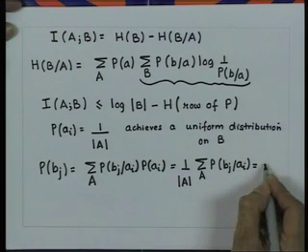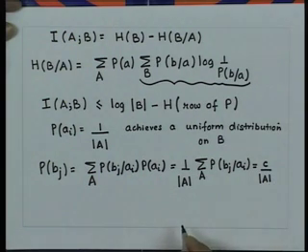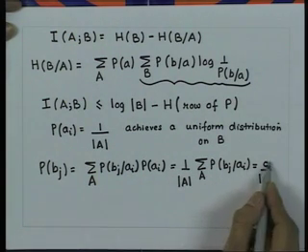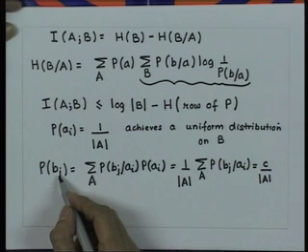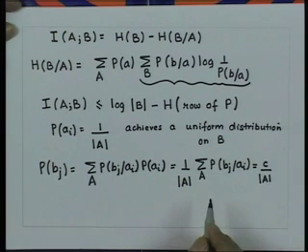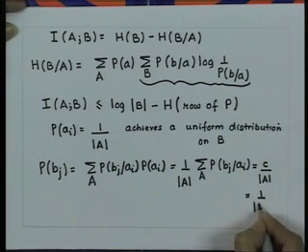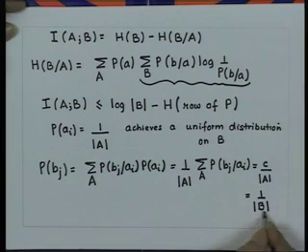So, this can be written as a constant C by mod A, and since this is true for all j equal to 1 to S, where S denotes the size of the output alphabet B, this can be written as 1 by the size of the output alphabet B.